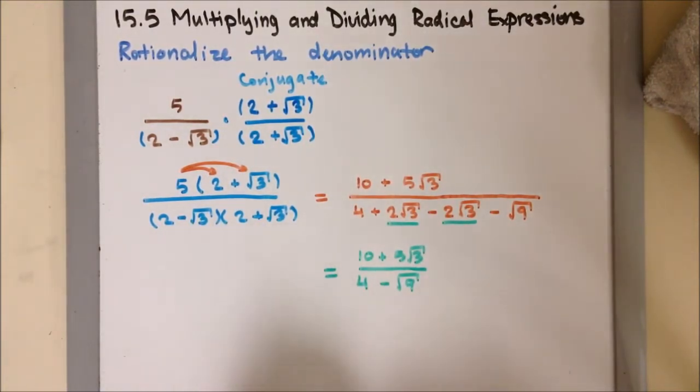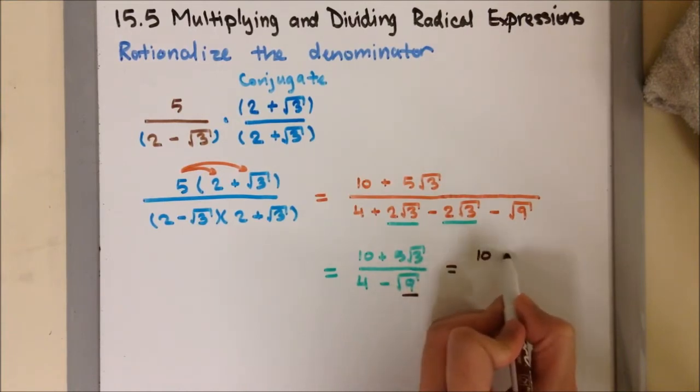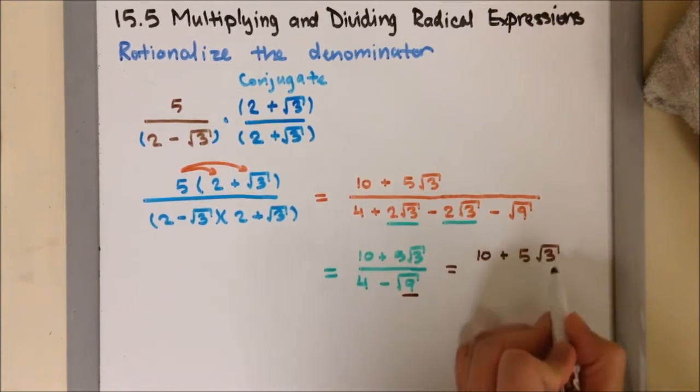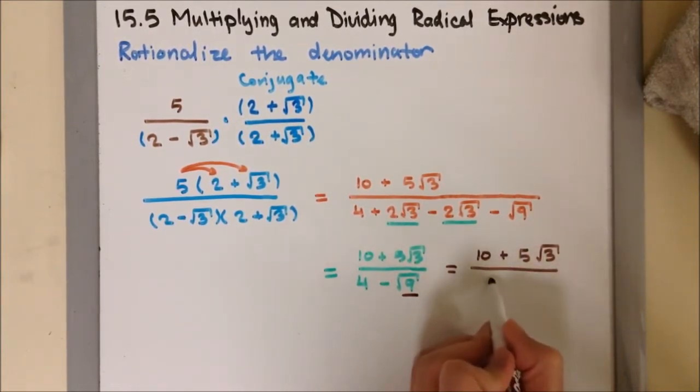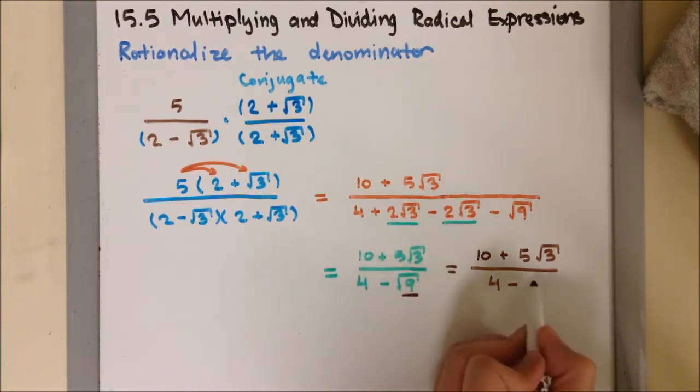So now, what we can do next is simplify the square root of 9 because it's a perfect square. So we still have the numerator stay the same, 10 plus 5 square root of 3, over, we still have that 4 and a minus, square root of 9 will equal 3.